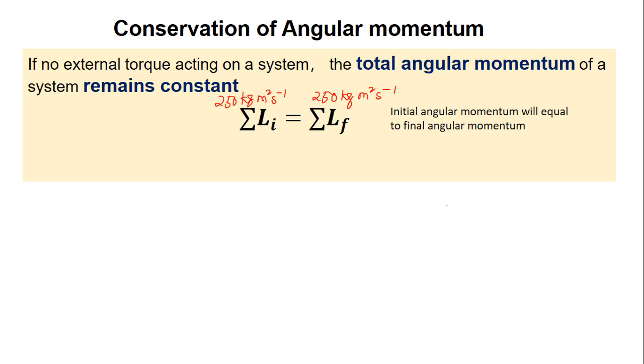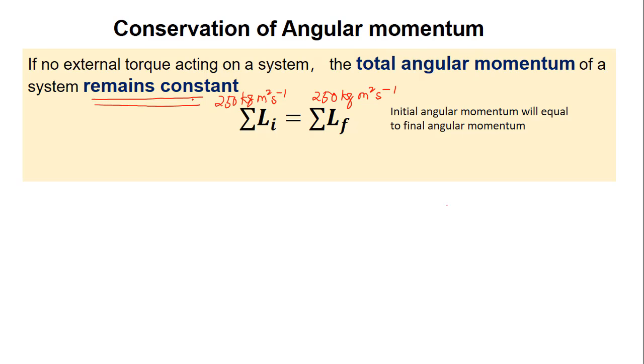So the value of angular momentum initial must equal final. This is what we call conservation of angular momentum. The value of angular momentum always remains constant.